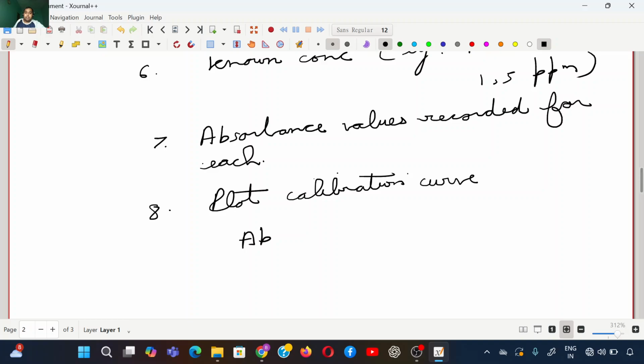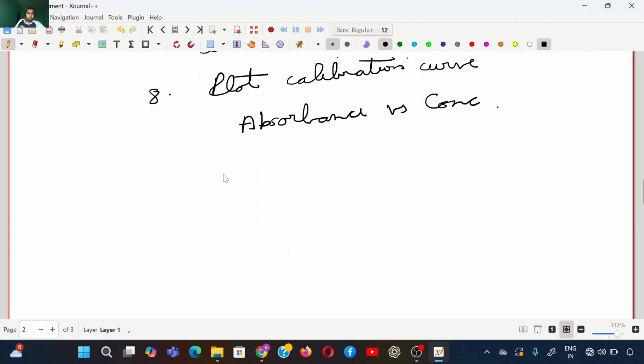Calibration curve is basically absorbance versus concentration. Now you aspirate the solution whose concentration you want to measure.